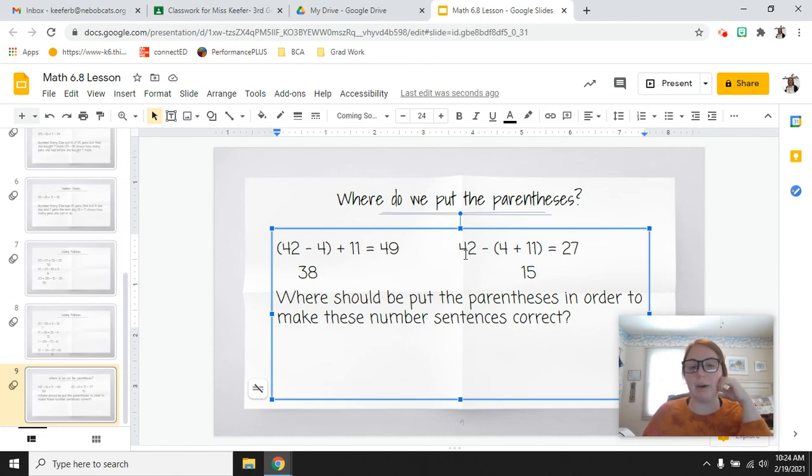So you can see how, again, the same number sentences come up with different answers depending on where you put the parentheses. You will see problems like this in the future, and my advice would just be to try it out. Use guess and check until you find your correct answer. Good job, guys.